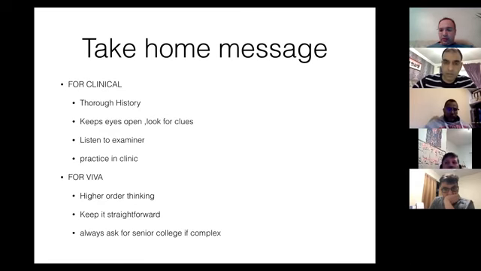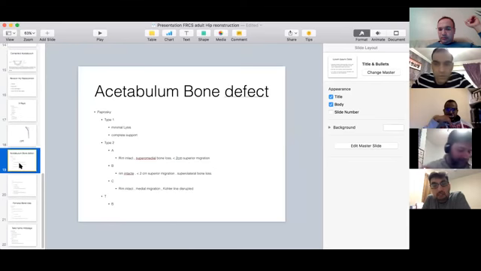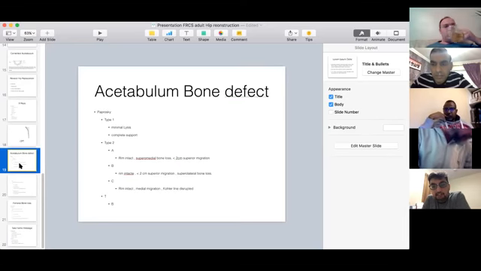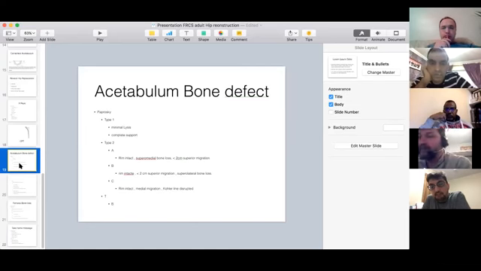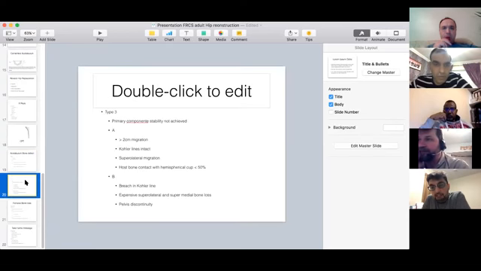The best way to read is the AAOS classification, which is very, very simple. So cavitatory and segmentary classification. If you say to the examiner that I'll assess the bone stock as Frost said, I will assess the bone stock on the basis of the segmentary and cavitatory. If it is cavitatory, I will look for the bone graft or other trabecular metal to fill it up and to reconstruct the acetabulum, for example.